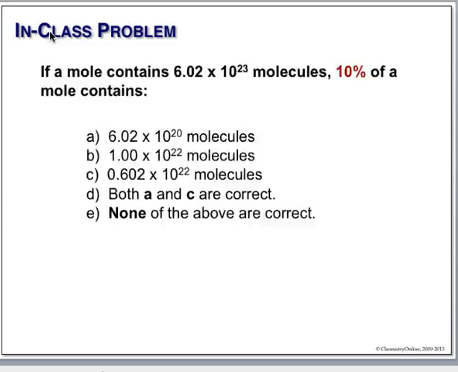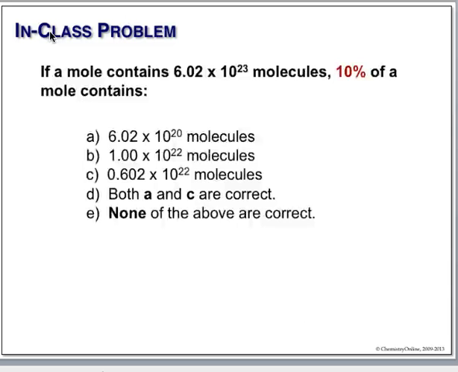Another exam problem. A mole has 6.02 times 10 to the 23rd molecules. If we have 10% of a mole, how many molecules do we have? The reason I did this problem is I want you to appreciate what 10% really means.